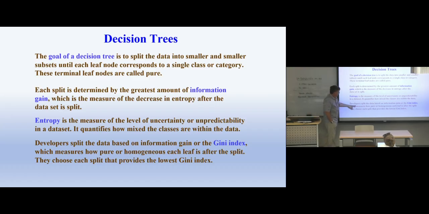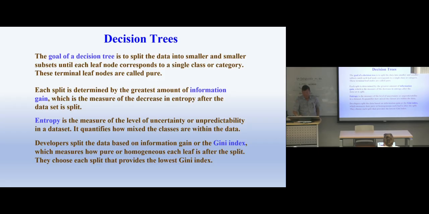All right, now developers will split the data based on Gini index or the information gain that we talked about. Okay, I have a purely homogeneous leaf node. It's pure. Where's entropy? Entropy is 0. Pure leaf node means entropy is 0 because I've split the classes exactly.